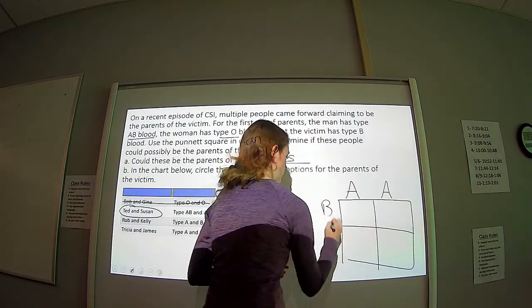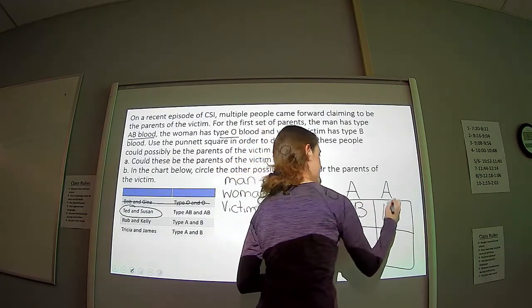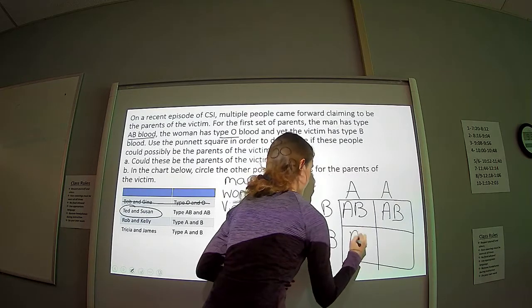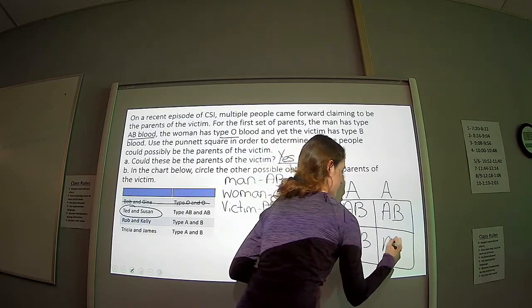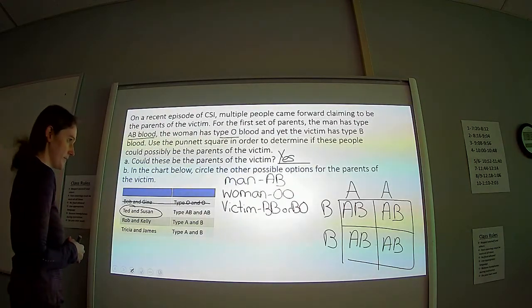They could both be homozygous. And if that's the case, they could not be the parents because you'd end up with an AB baby.